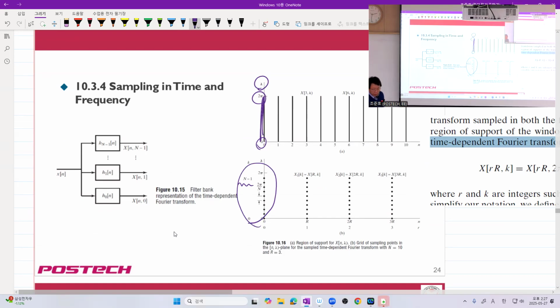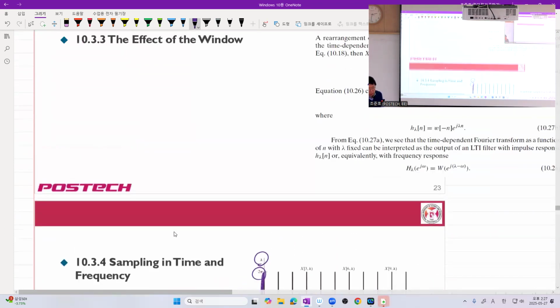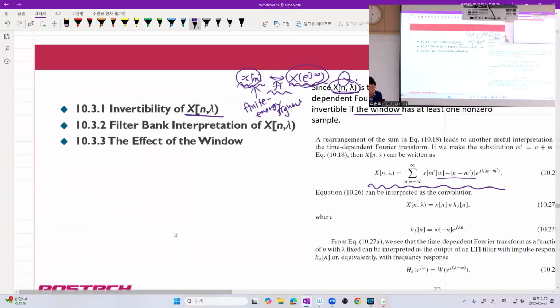Each output can be rewritten as the LTI filter output sampled at a specific time instant. If we sample at 0, then at 1, something like that. So this is the filter bank interpretation of the time-dependent Fourier transform when we choose lambda equals 2 pi times k over N. Got it?